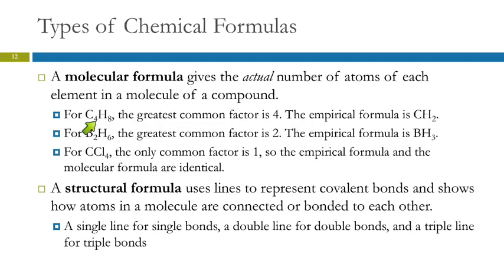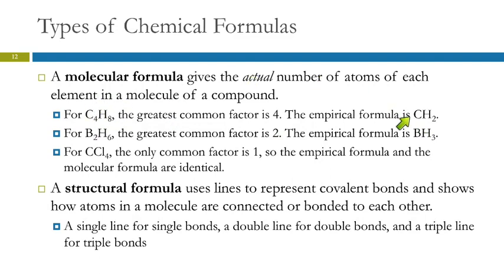We look at the numbers 4 and 8, and that 4 to 8 ratio can be simplified to 1 to 2. There's a common factor of 4 that we can factor out. So the lowest ratio is CH2. There are actually a host of compounds that have that same empirical formula, the ratio of carbon to hydrogen 1 to 2. So this is the molecular formula.